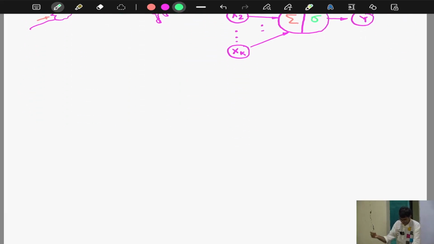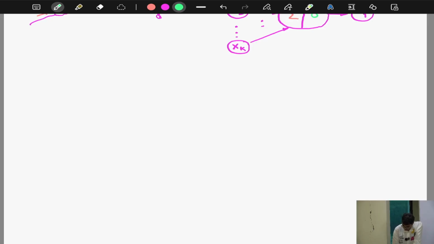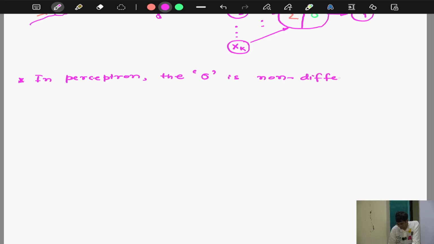So in perceptron, the sigma is non-differentiable. Right?